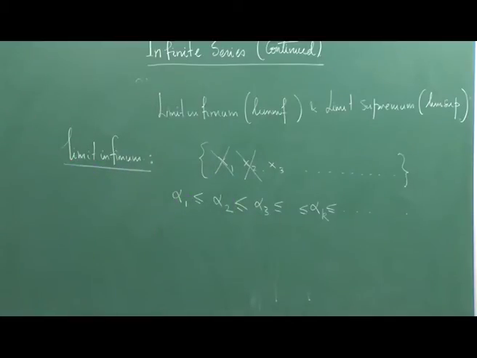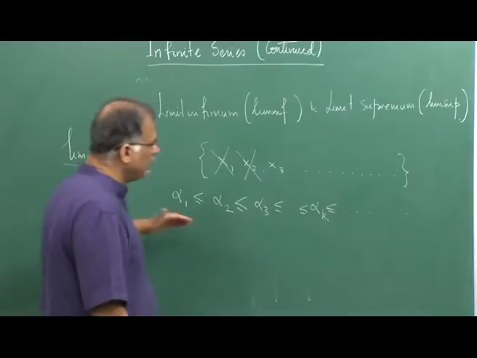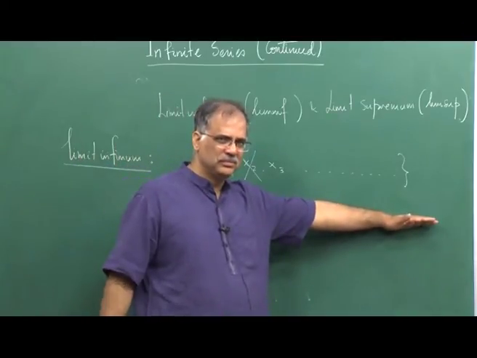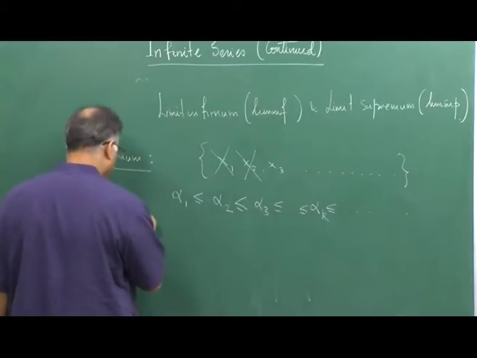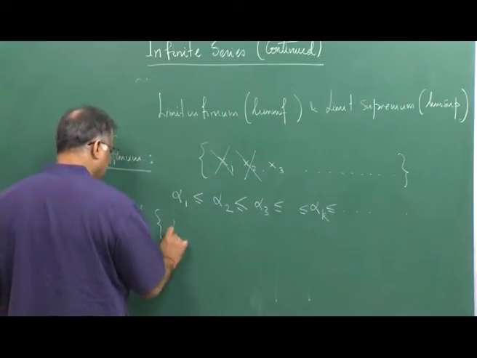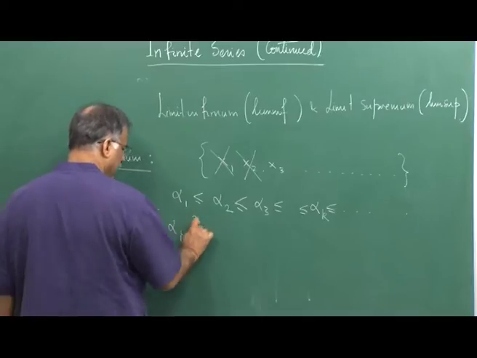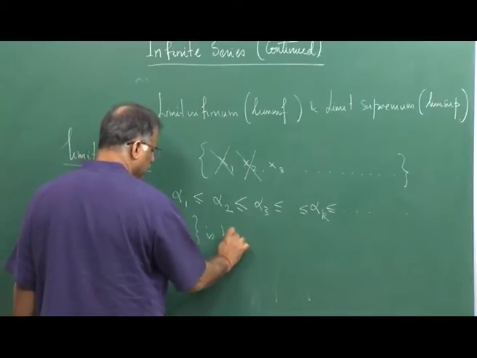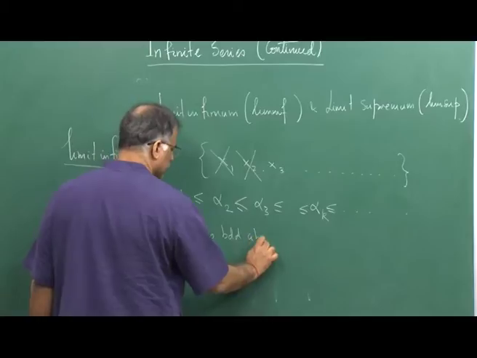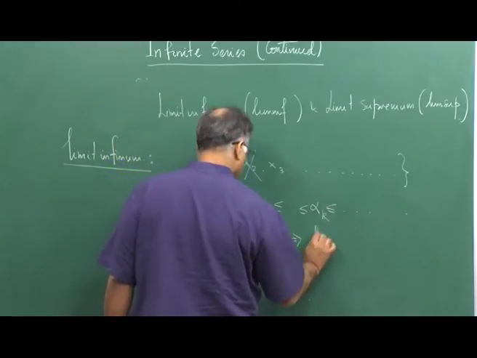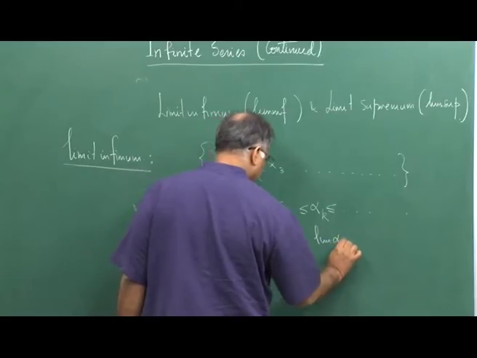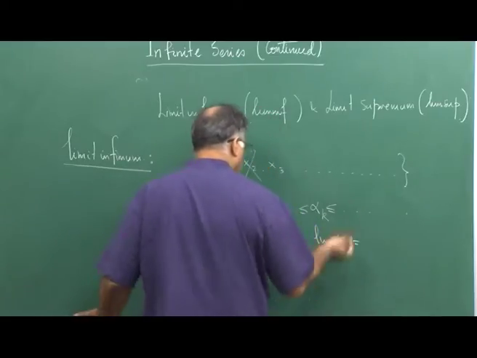Now, suppose this is bounded above. So, it is an increasing sequence and it is bounded above. So, if the sequence alpha k is bounded above, it implies that the limit of alpha k is equal to that bound, the supremum.